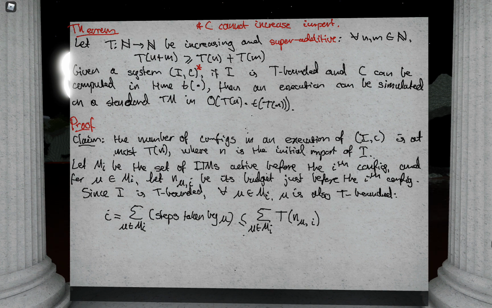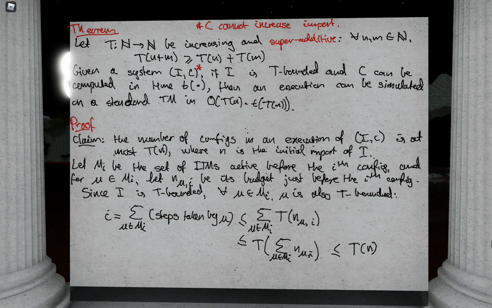Because of superadditivity, I can take the t out, which is itself less than or equal to t of n because of the restriction of the budget. It can't possibly take more steps than it was allowed by being given import. So the total number of steps is always less than t of n, where n is the initial import.